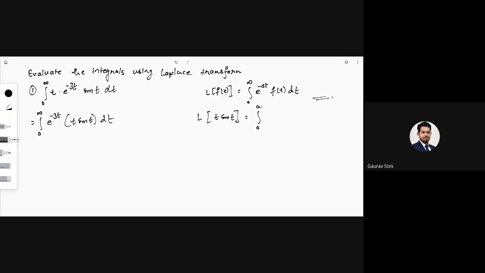Integral 0 to infinity e to the power minus st t sin t dt. Can you compare this to it and tell me how I can find out the integration?